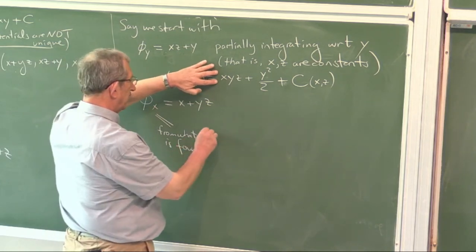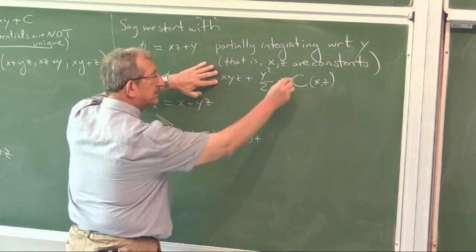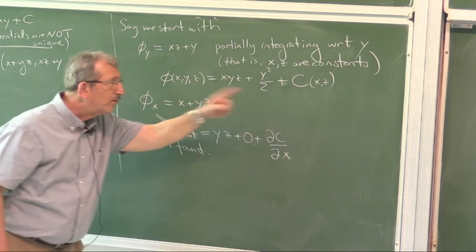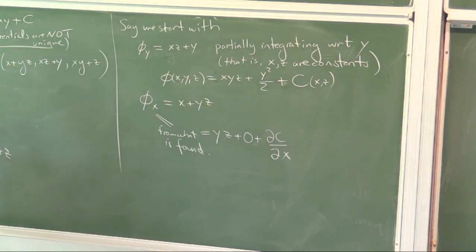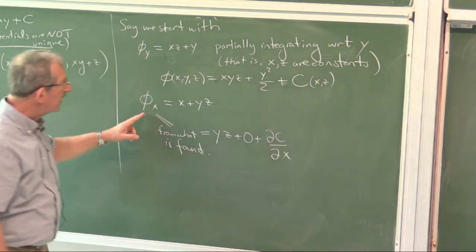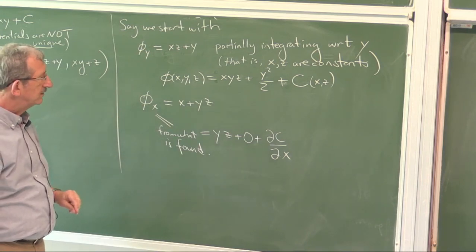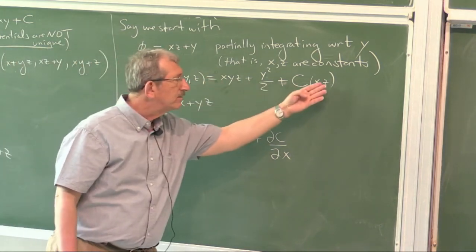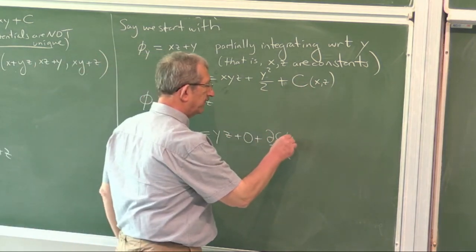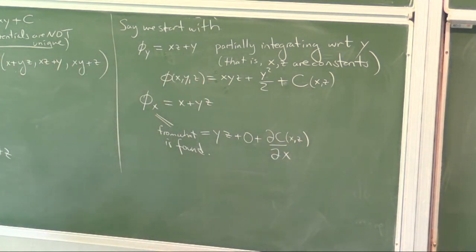So that would be yz plus 0 plus derivative of c with respect to x. Now, note that here z is constant and y is constant because it's a partial derivative with respect to x. Okay, so we evaluate, but here this still will be a partial derivative because there is a z somewhere in it, possibly.